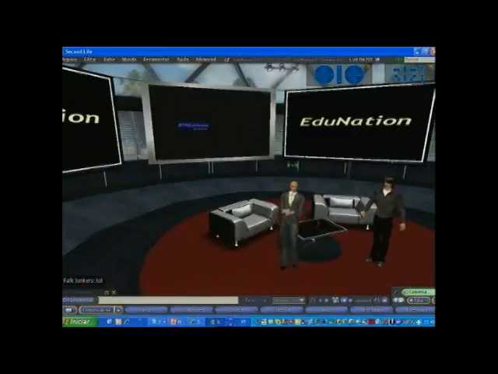Okay, the question is, we must do things in quality, seriously, and for that we need good tools. I think Second Life has good tools for some aspects of education, but we need to complement with other tools.